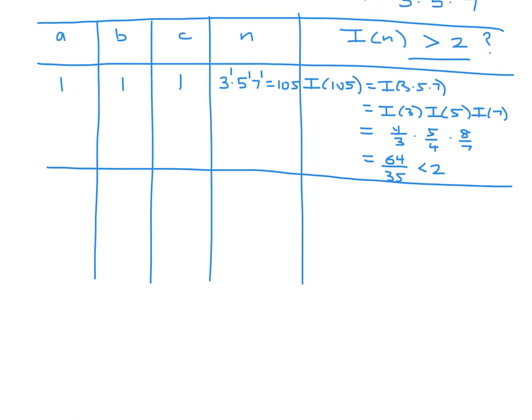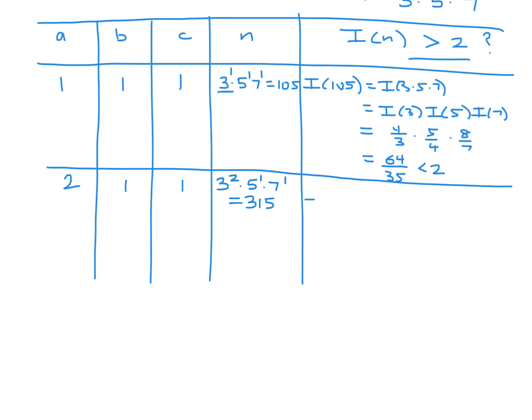Let's try the next one. I'm going to concentrate on making this as small as possible. So 2, 1, 1. This time n would be 3 to the power of 2 times 5 to the power of 1 times 7 to the power of 1, which is 315.